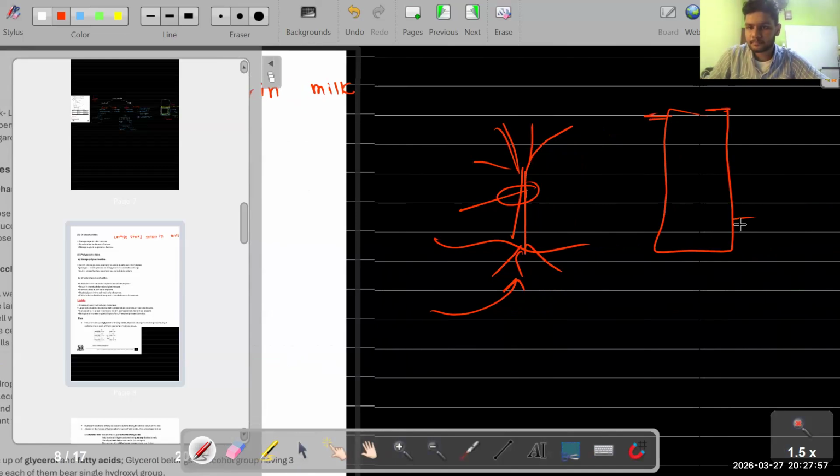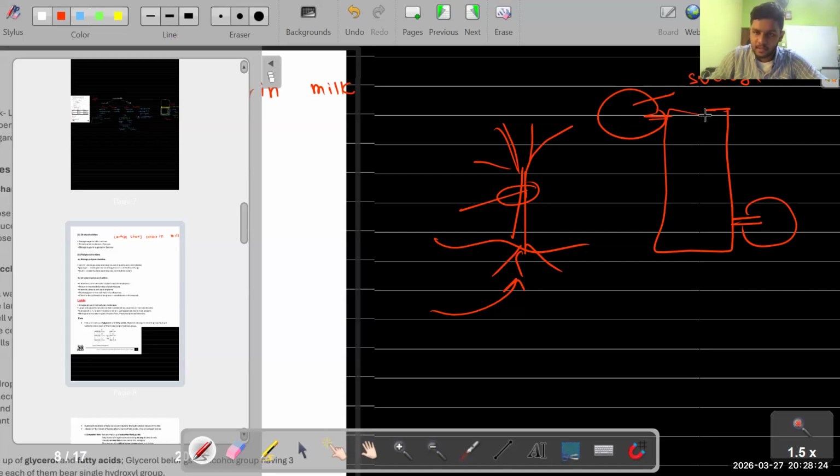There is a location. Normally this will be taught to you in unit number 4. Just stay. This is the location where sucrose is produced in a plant. Can you understand?